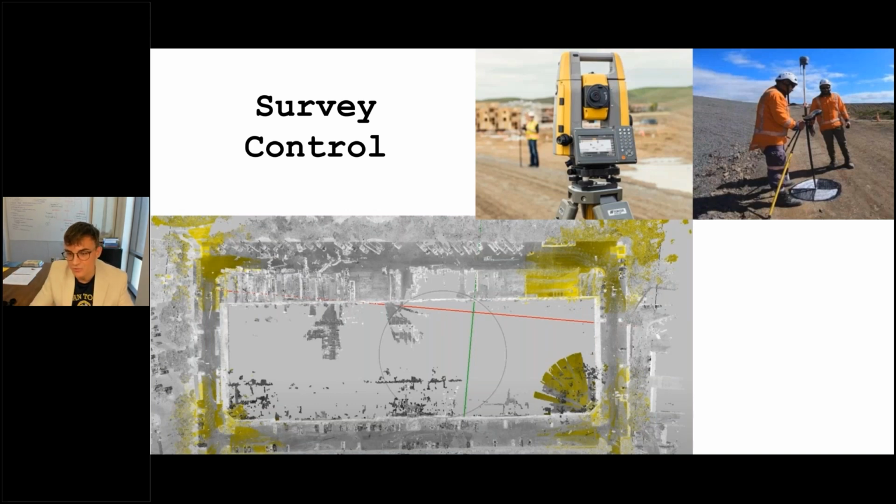Without survey control, your registration software cannot detect these kinds of global inaccuracies. And so survey control increases the accuracy on larger projects, but it also allows you to register with any existing control networks. And using shared coordinate systems can make working with other teams a lot easier.